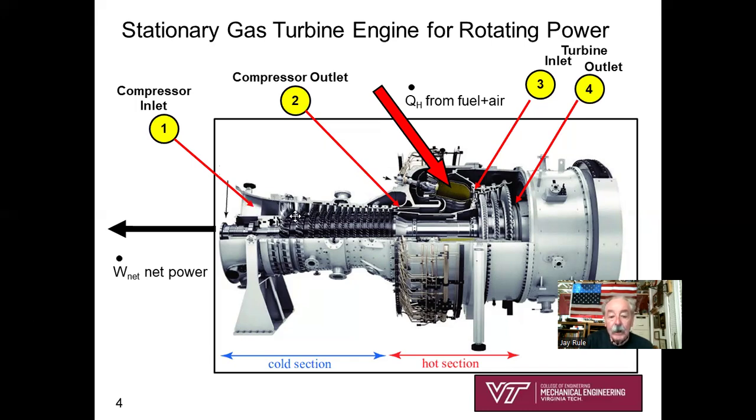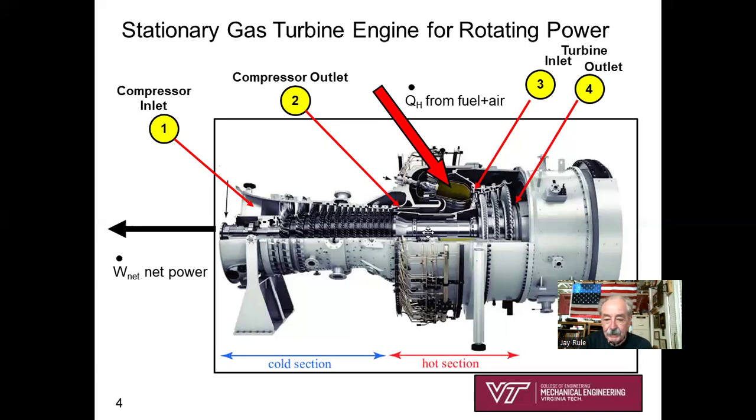We've got an open system, steady state, steady flow compressor. Look at these, a good number of stages associated with the compressor. And here's the outlet of the compressor. It does turn out that engineers have made entire careers working on the compressor section of gas turbine engines. They may not even have been working on the other components of the engine.